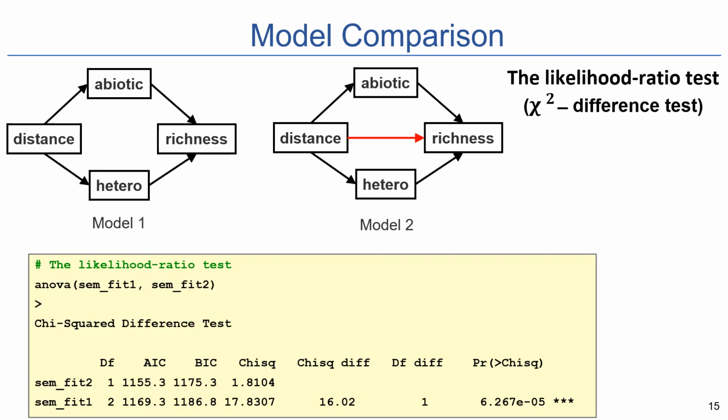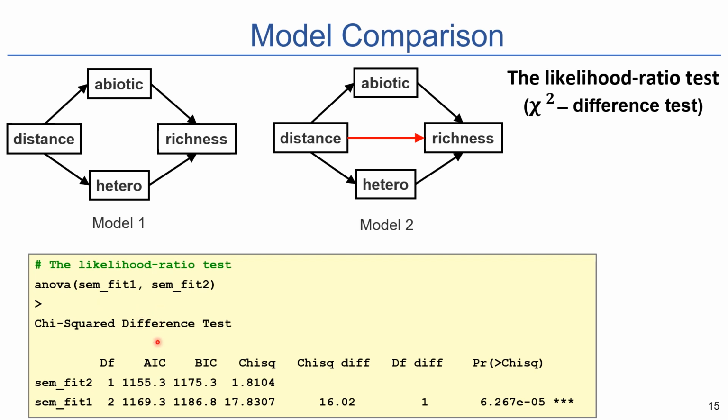We also can go further and compare our two models using the likelihood ratio test. You remember that we made this test already yesterday. It's also known as a chi-square difference test. For this, we just use the function anova and we compare our two fitted models here.